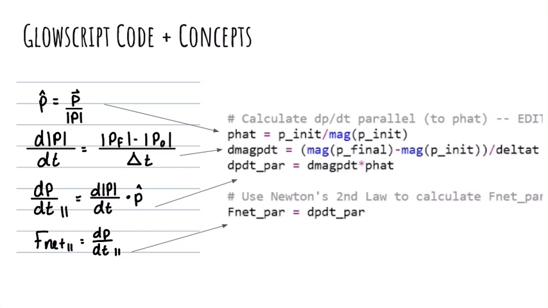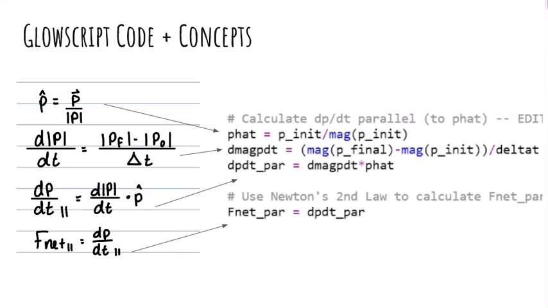We also defined our p hat, which is the momentum over the magnitude of the momentum, and our d magnitude of p dt from subtracting the magnitude of the initial momentum from the magnitude of our final momentum over our change in time. Then we find our parallel dp/dt by multiplying our previous result times the p hat.